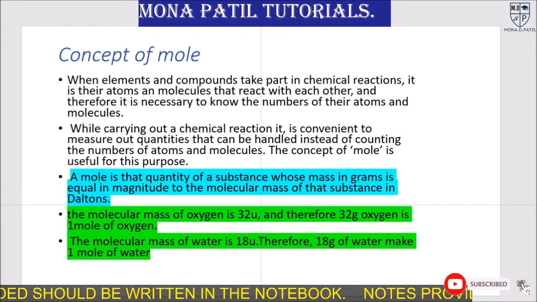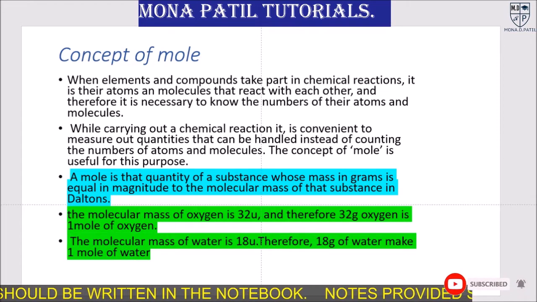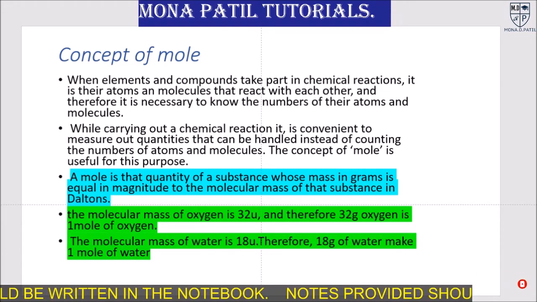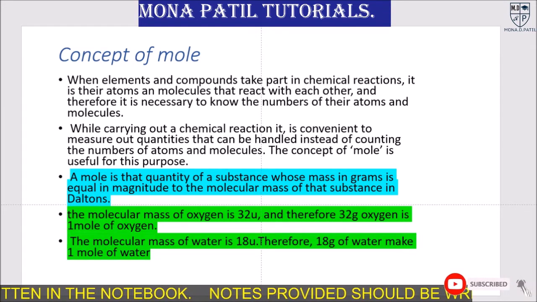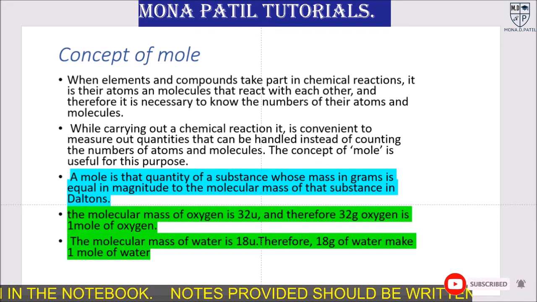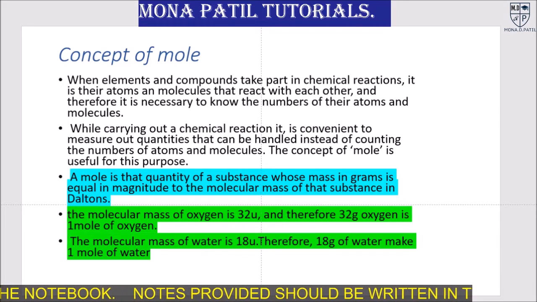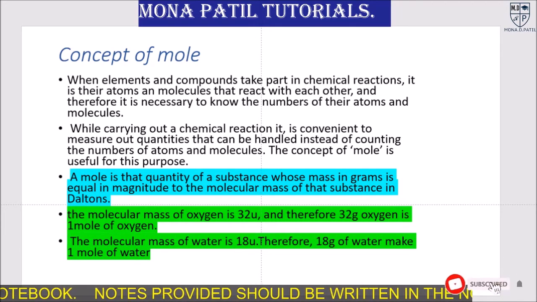The concept of mole is useful for this purpose. A mole is that quantity of substance whose mass in grams is equal in magnitude to the molecular mass of that substance in Daltons.